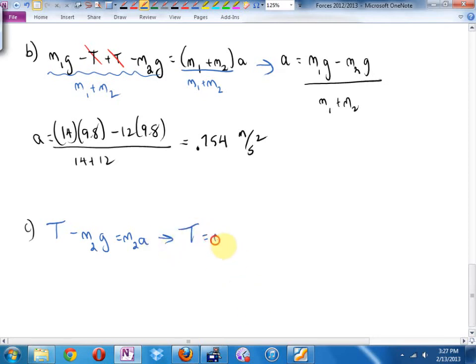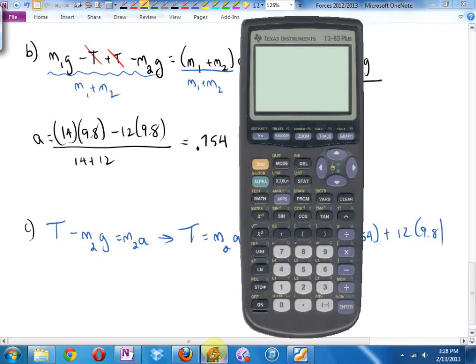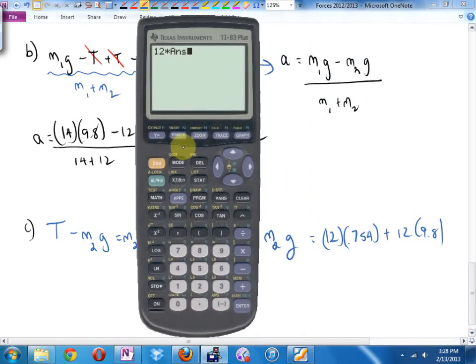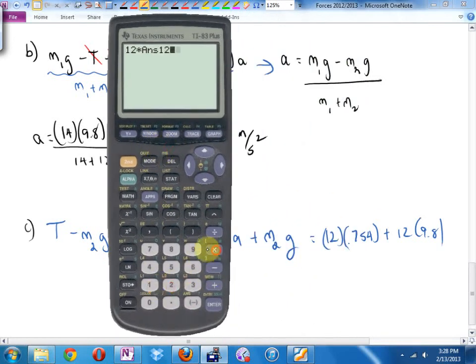I think the tension is going to be M2A plus M2G, which is 12 times 0.74 plus 12 times 9.8. We're going over the reviews, but I'm just changing the numbers on some of them. Okay. It's going to be 12 times, I think I still have that answer stored, so I'll use that, plus 12 times 9.8.